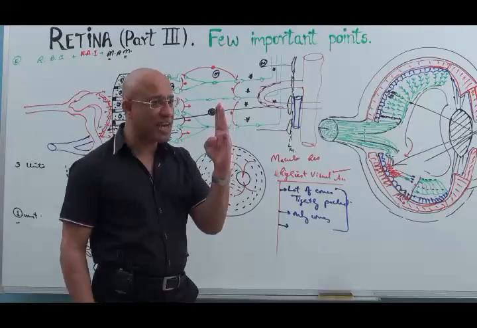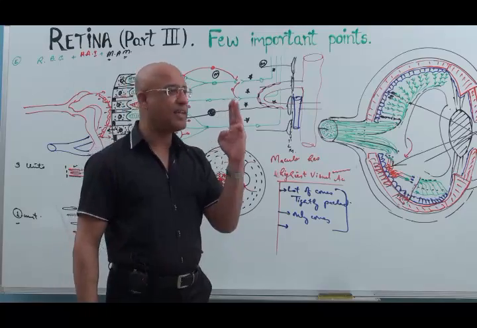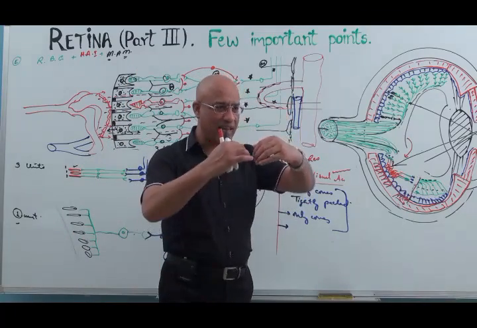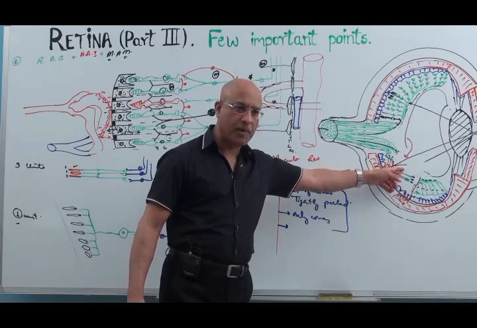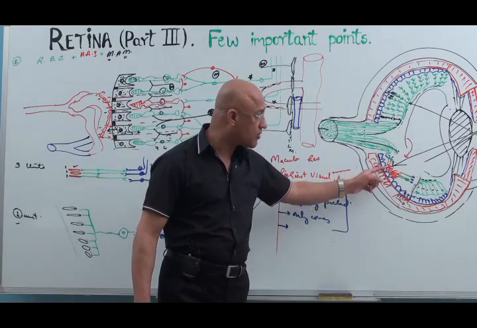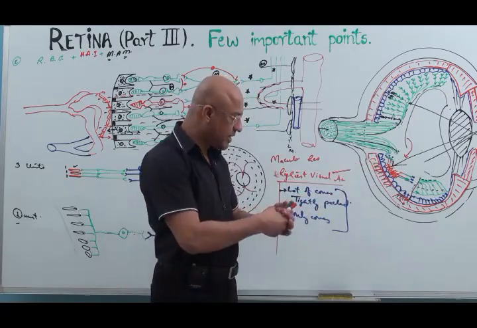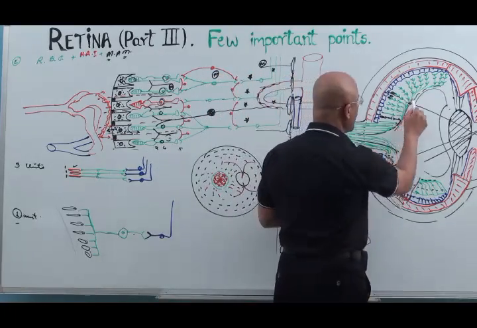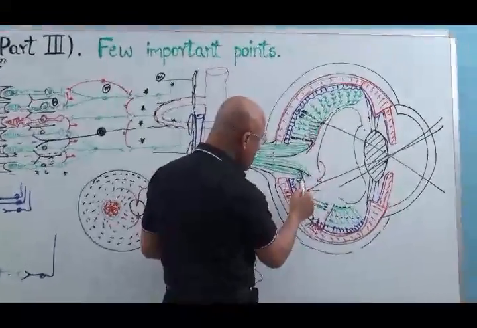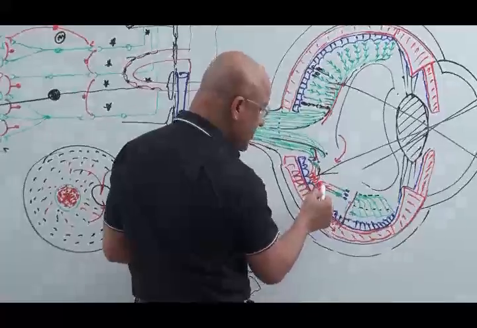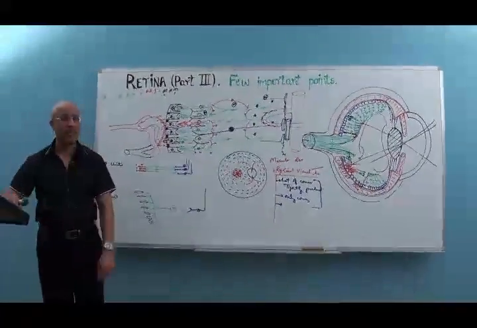Number three, cones have a one-on-one arrangement with bipolar and ganglion cells. Then the retinal layers are displaced to the side, and there is no blood supply on the inner aspect; this part of the retina derives blood supply only from the choriocapillaris. Other parts, look, the retinal vessels also give blood supply, but up to here they come, not in this area. Am I clear? Any question up to this?